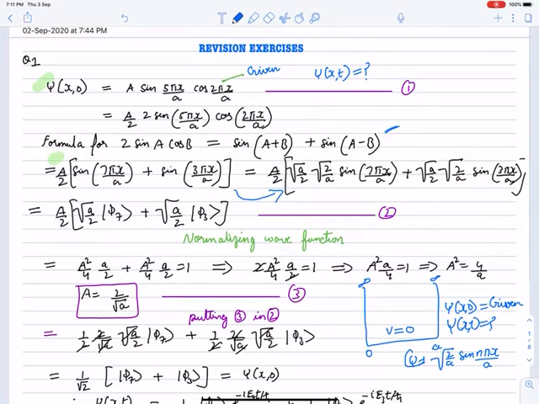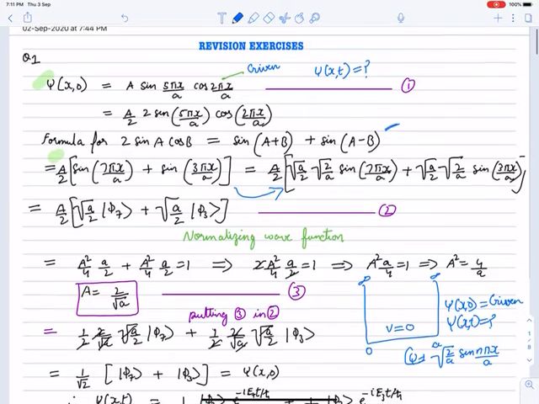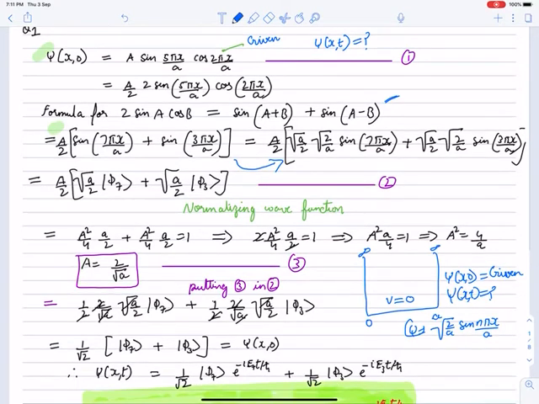We can multiply and divide by under root 2 upon a. When we do, it changes to our known wave function of the particle in a box. So now we can write it as psi 7 and psi 3. Our next step will be to calculate the normalization constant.